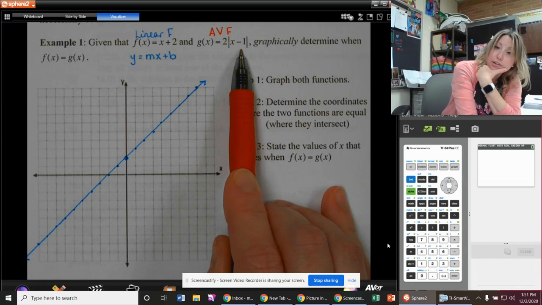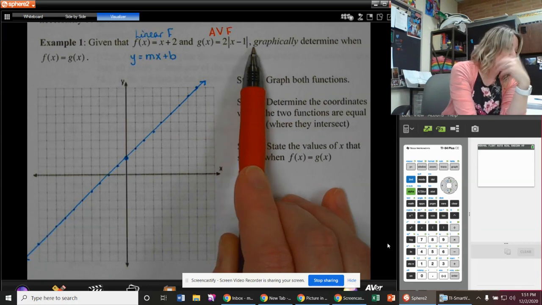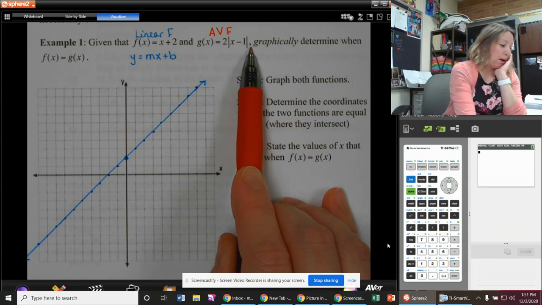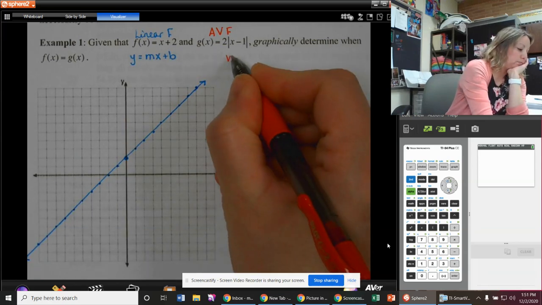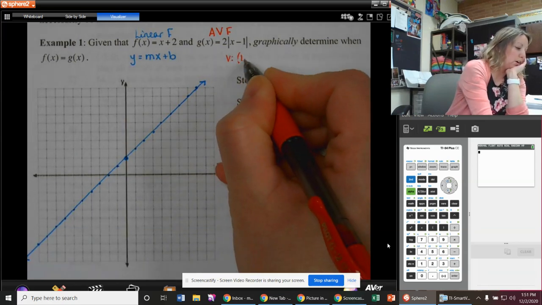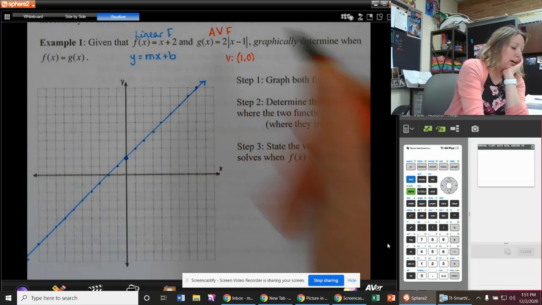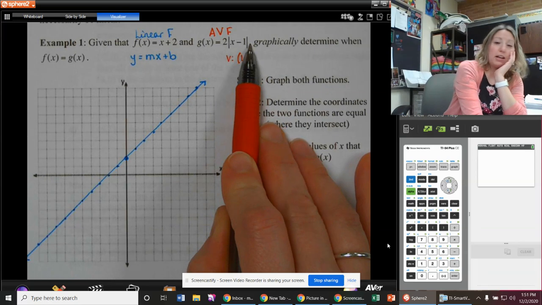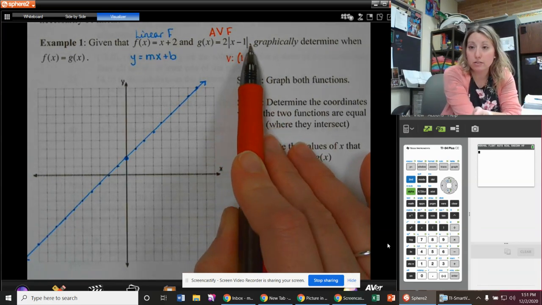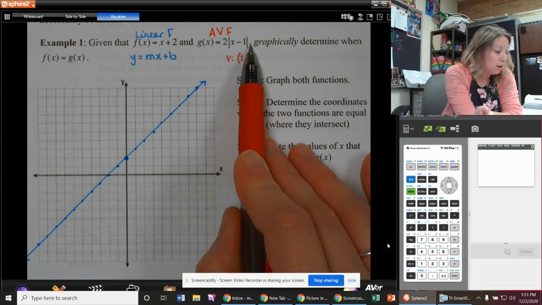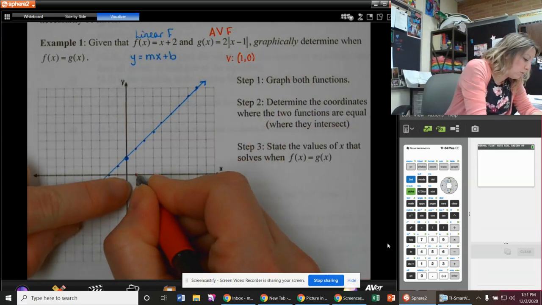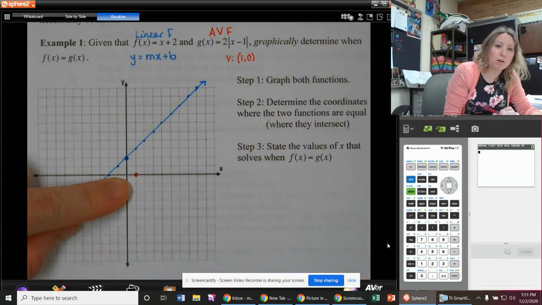It's the opposite sign of what's in here and the correct sign of what's out here. So that tells me, just looking at it, that my vertex is 1, 0. Because it's the opposite sign of what's in here, so positive 1, and it's the correct sign of what's out here. Well, what's out here is just a plus 0. Nothing is there. So that's a 0 here. So that means my vertex for this absolute value graph will be right here at 1, 0.